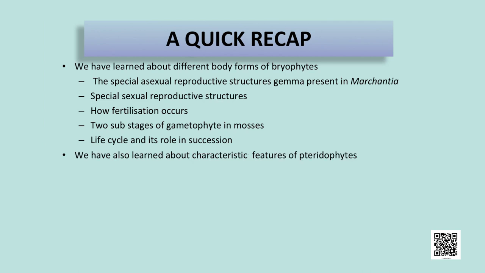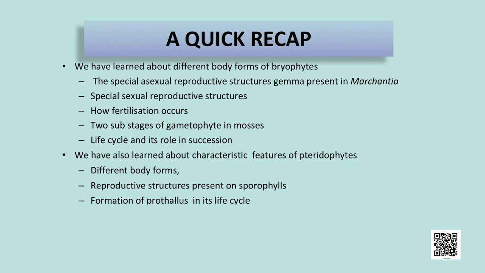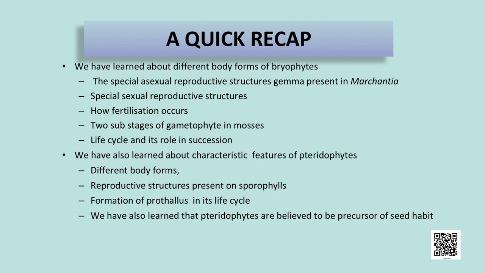We have also learned about characteristic features of pteridophytes such as its different body forms and reproductive structures present on sporophylls, formation of prothallus and its life cycle. We have also learned that pteridophytes are believed to be precursor of seed habit in other advanced group of plants.